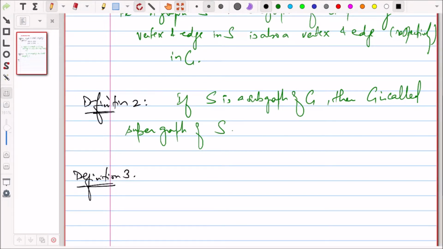Now definition 3. Another definition. Now we will define spanning subgraph. Spanning subgraph means that it contains all the vertices of G. Edges कम हो सकती हैं, but vertices सारे के सारे होंगे, ठीक है?